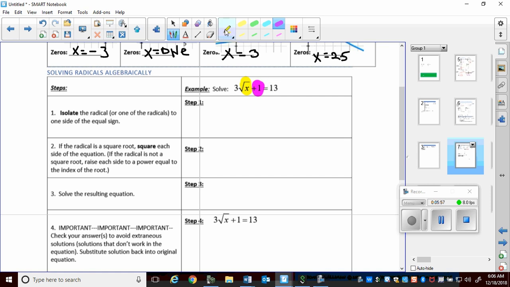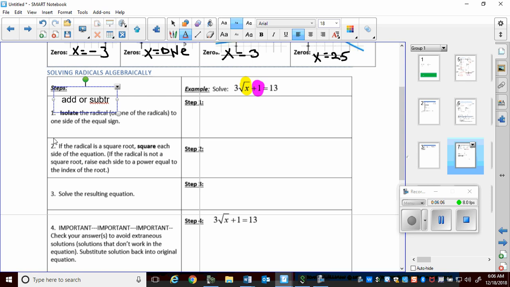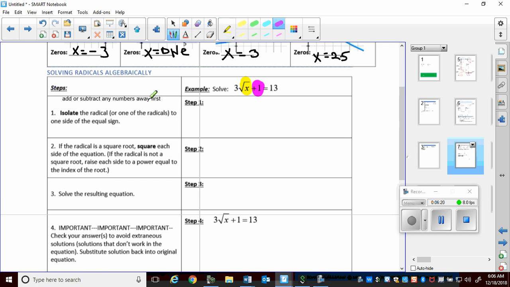All right? So let's make a little note. So the number that's added or subtracted here is in pink. So I'm going to highlight that. I'm going to highlight my first step.